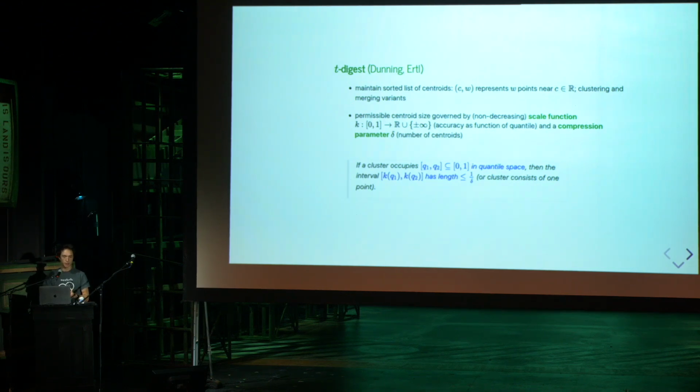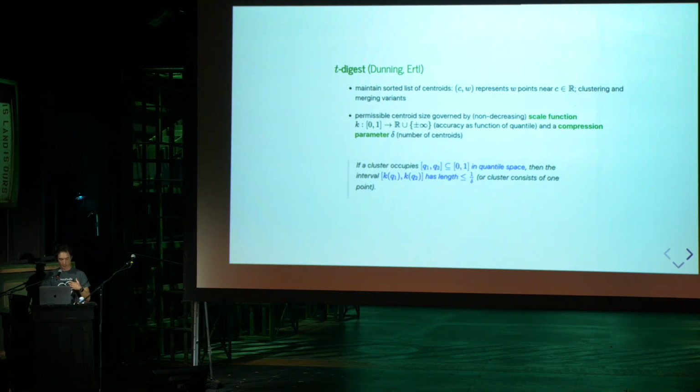If it has space, you add it. If it doesn't have space, you form a new one, right? And then there's a merging variant, which uses arrays and has a buffer of things that you need to incorporate. This one actually avoids dynamic allocations in the implementation of Dunning's t-digest library, although it does have some slight accuracy issues on some streams.